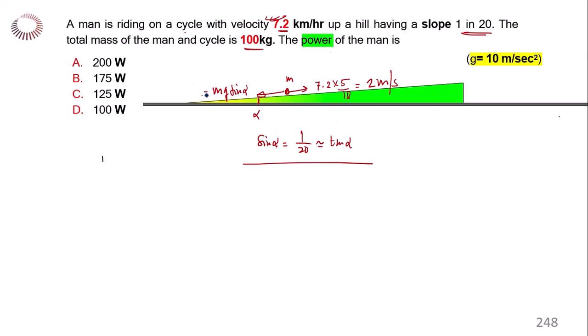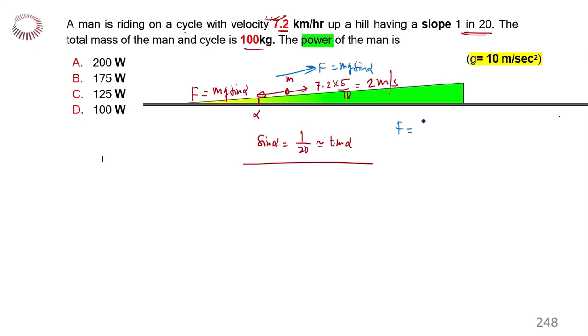So this is the force. Against this force, the man has to work. The man is climbing, which means the man has to apply another force equal to mg sine alpha in the opposite direction, because mg sine alpha is trying to pull the man downward. So I have to apply an extra force. So this force should be equal to mg sine alpha. Now what is that force? F should be equal to mg.